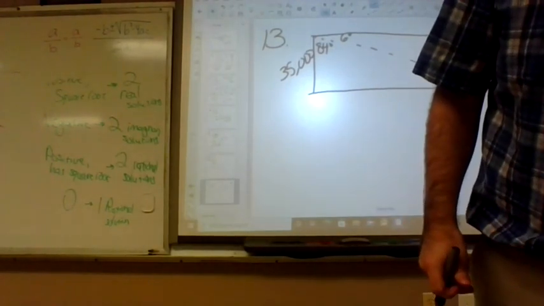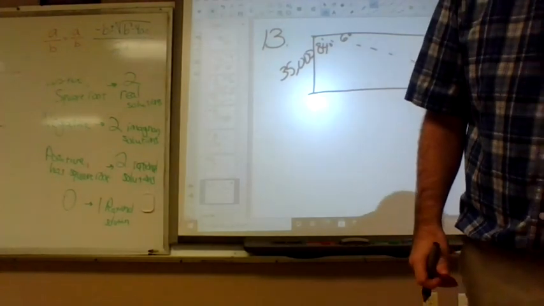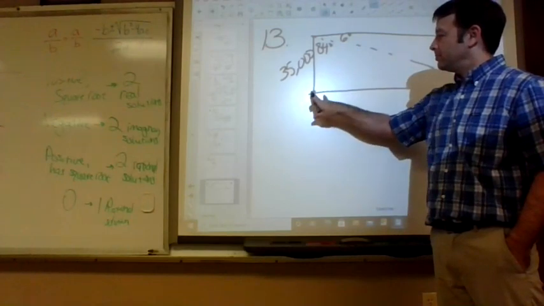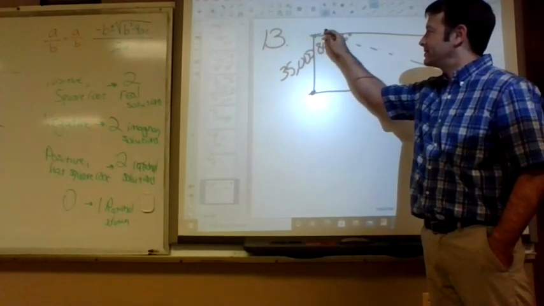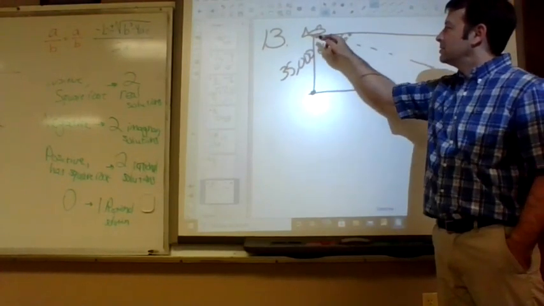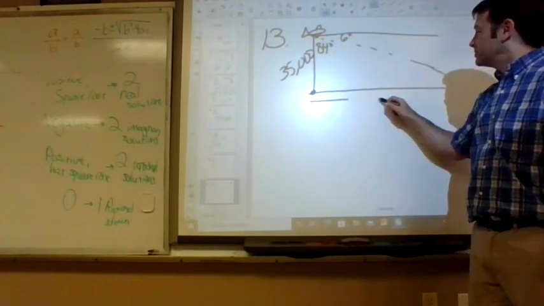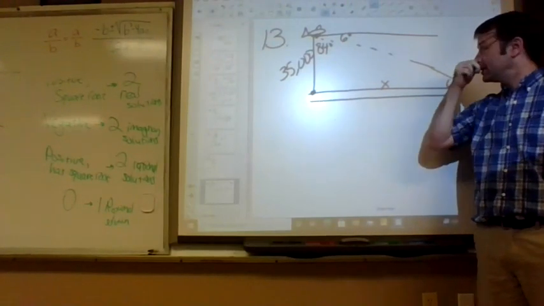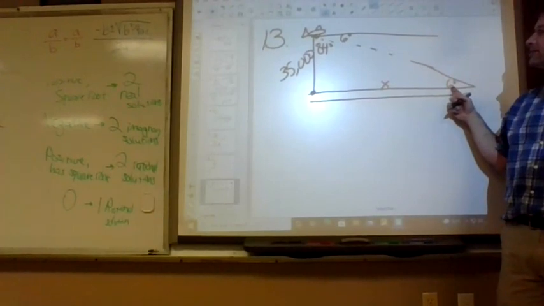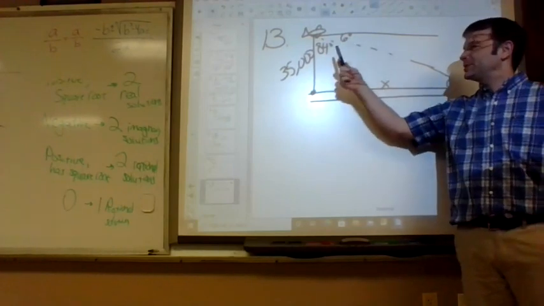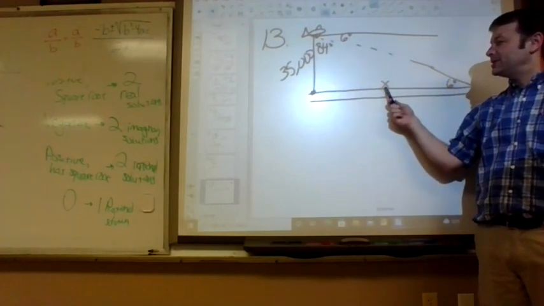The distance between the airport and the point on the ground directly below the plane. So the ground distance between where the plane is, this is the plane, and the airport. Relative to the 6-degree angle, or we could use 84, doesn't matter, we've got the opposite and the adjacent.